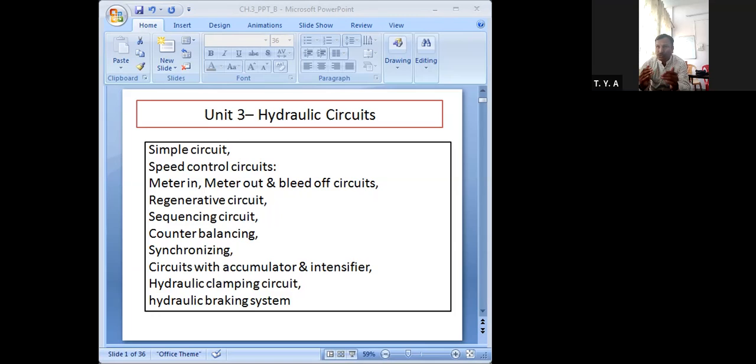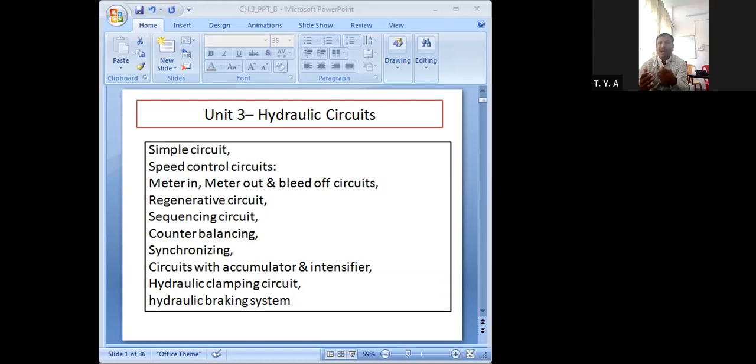So it is mandatory for us, as engineers or fluid power experts, to have knowledge of the hydraulic components, and to be able to design a fluid power system or circuit with the help of all the symbols.